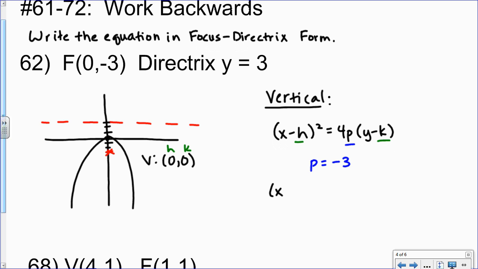So x minus 0 squared equals 4p, so 4 times -3, y minus 0. So you want to multiply your 4 and -3. X minus 0 is just x. So that's x squared. Then what's 4 times -3? -12, and then y minus 0 is just y.